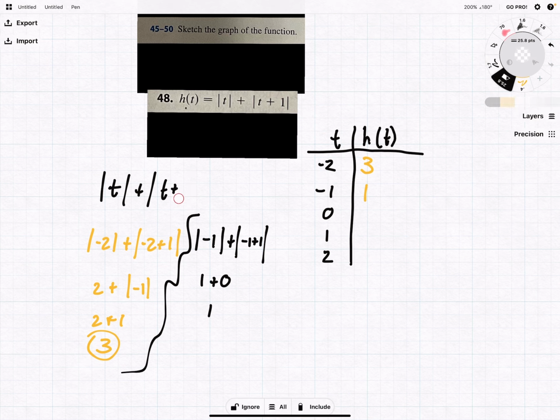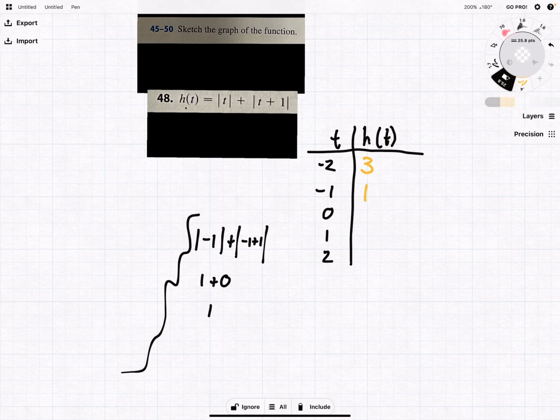Next, to save space, I'll go ahead and erase this left side here, and we'll plug in 0. But when we plug in 0 for t, right, we just get 0 plus, and then this t here is a 0 also, so 0 plus 1. And that just gives us a 1.